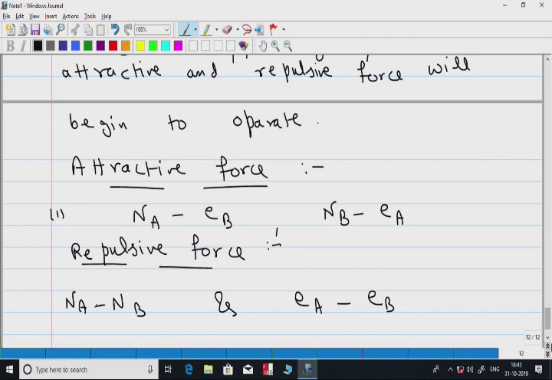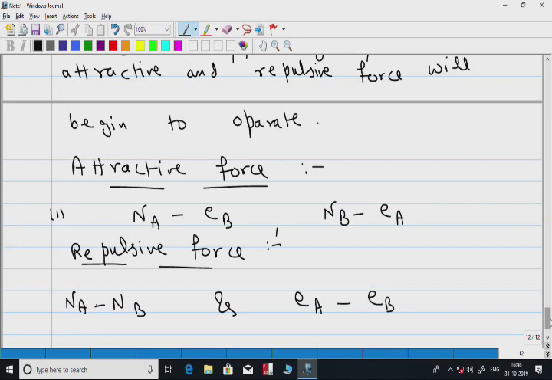Now, after having these attractive as well as repulsive forces, I'm saying the two types of forces are simultaneously acting, and still atoms are getting closer to each other. Now, can you please tell me, in this scenario, which force will be dominating, attractive or repulsive? I'm saying two forces are acting simultaneously, but still they are approaching each other.